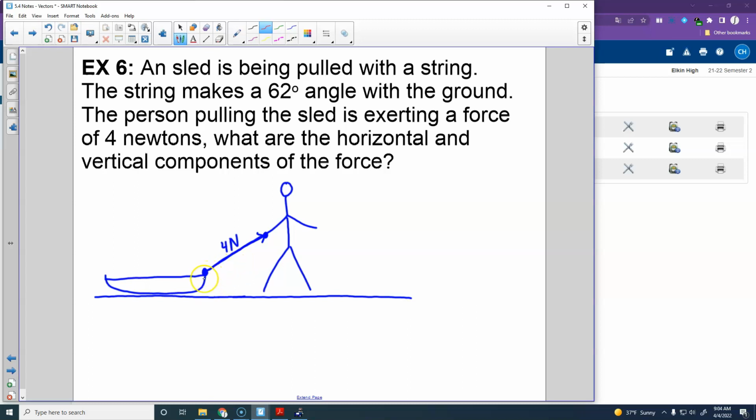One of those forces is pulling to the right. The other part is pulling it up, because it's going up and to the right, or forward, in this direction. So if you make a parallelogram there, my vector's basically already drawn because it is my string.